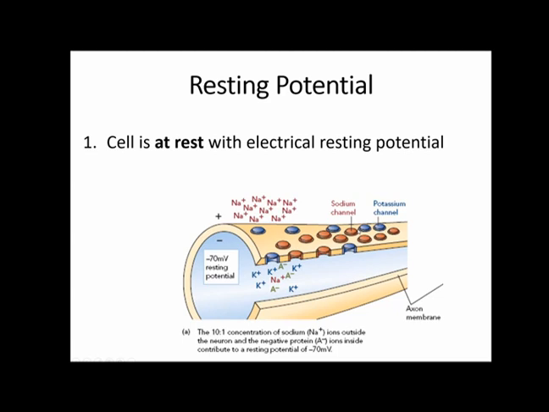Obviously, they're not actually red. It's just going to help us conceptualize. So they would be the right shape for a sodium ion, and the potassium channels are the right shape for our potassium ions. But when the cell is at rest, all of those gates, all of those channels are closed, and everything just sort of sits where it is. So that's setting the stage for what's going to happen.